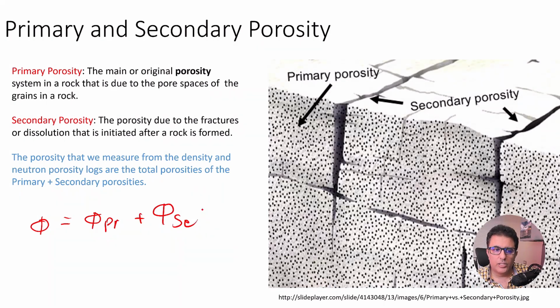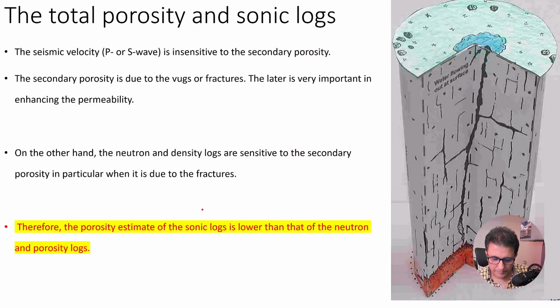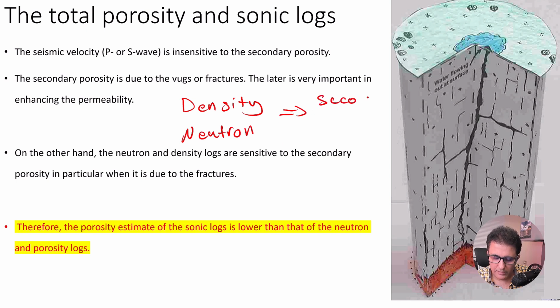And the porosities that we measure by density log and also neutron porosity log are the total porosity, meaning secondary plus primary porosity.